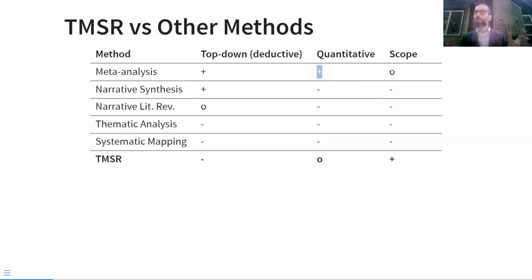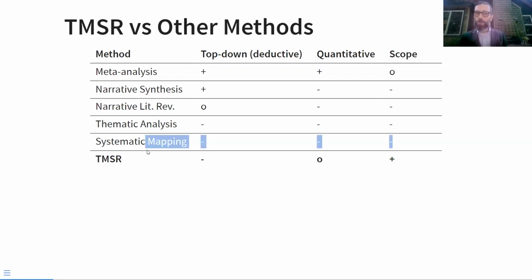So you also need those quantities from all of the papers that are included. And it's often of medium scope. So most meta-analyses, I think the statistic is around 10 papers included, but of course we know examples that have hundreds of papers included, and some examples with just a few studies.